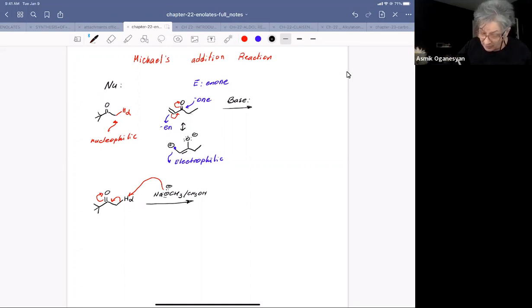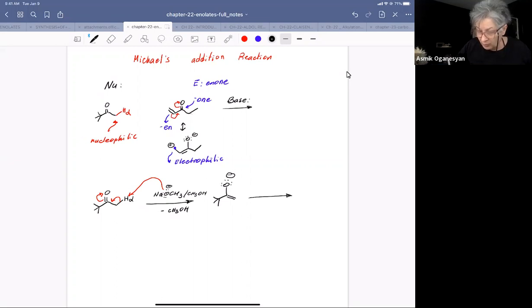So let's see, we are forming methanol as a byproduct. We need to acknowledge that. And the double bond is formed here. So it's an enolate now.